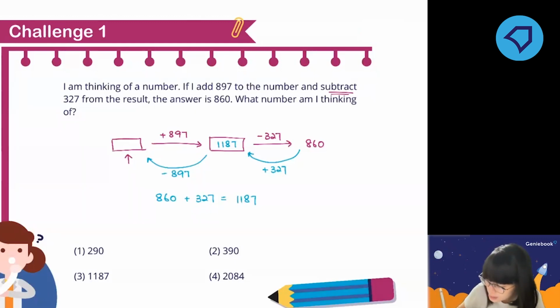So we're going to take 1187 minus 897. What did you guys get? Thank you very much. We have 290. Excellent job. Okay, so the answer would be option number 1.